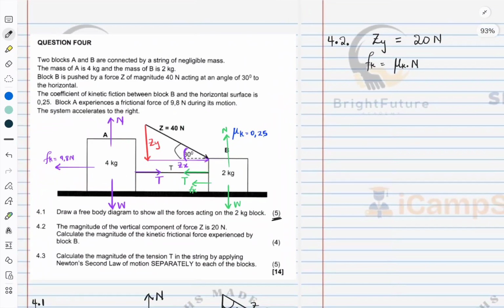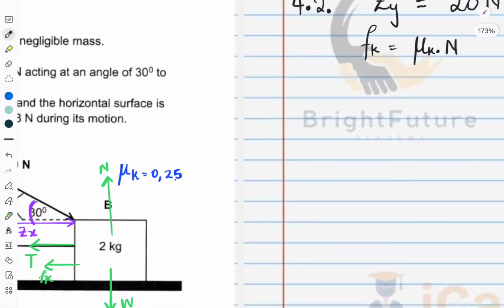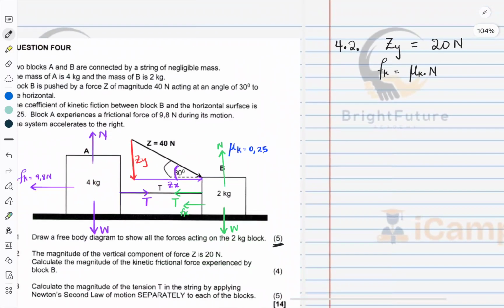So let's find n. My rule of thumb is simple. Whenever you find n, you take the sum of forces acting perpendicular to the surface of that block, or perpendicular to that object. In this case it's a block, but I don't like limiting it to a block because it can be another object.